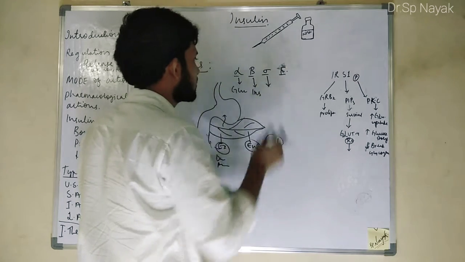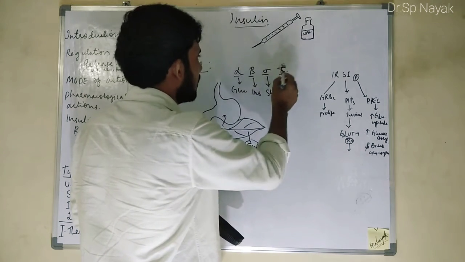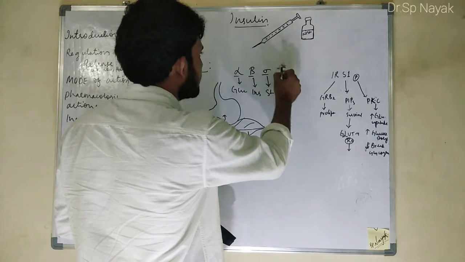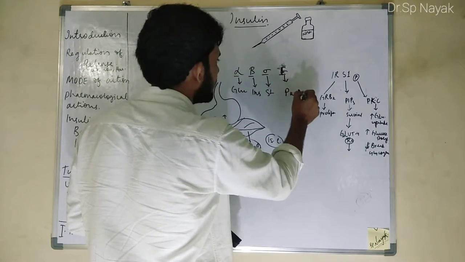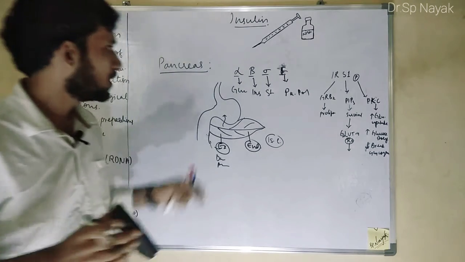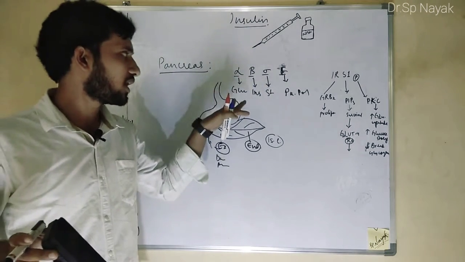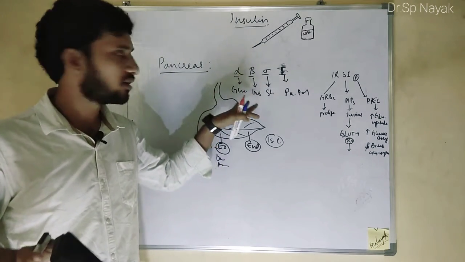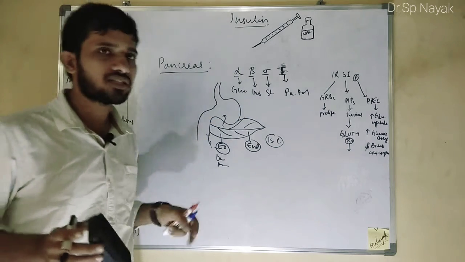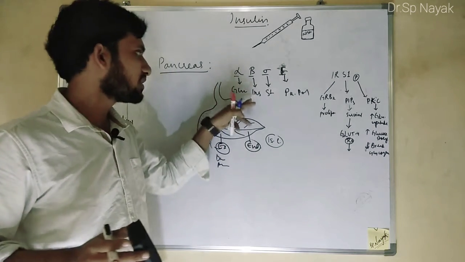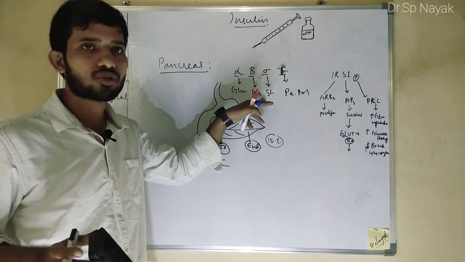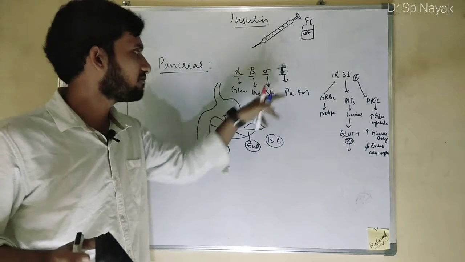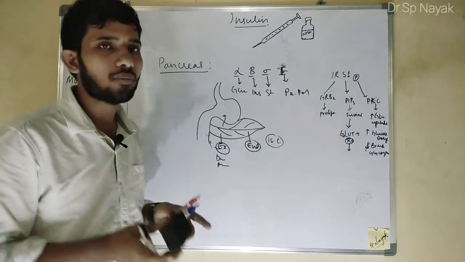So the alpha cells synthesize glucagon, beta cells insulin, delta cells somatostatin, and F cells synthesize pancreatic polypeptide.